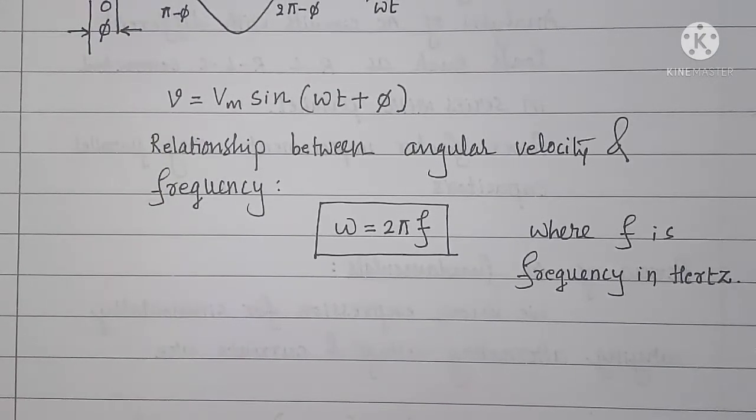You know that time required to complete one cycle by an alternating voltage or current waveform is called its time period.